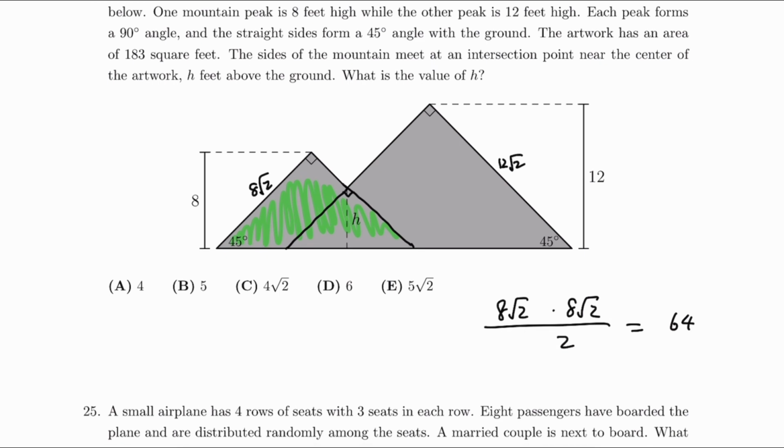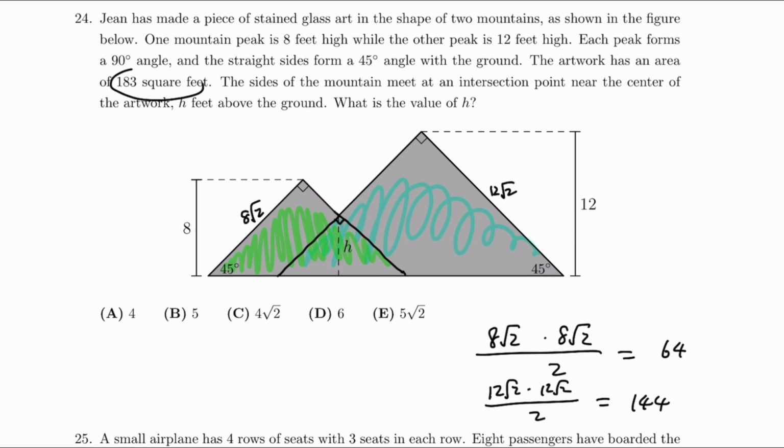And what about the area of this? The area of this is going to be, similarly, 12 root 2 times 12 root 2 over 2, which is 144. Now the actual area is 183, but we overcounted the middle part.